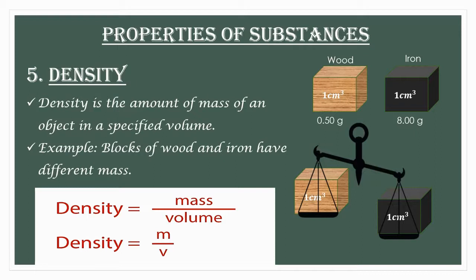So we can define density as the amount of mass of an object in a specified volume. And in simple words, density can be defined as mass of the substance upon volume of the substance. So in equation form, we can write density is equal to mass upon volume.